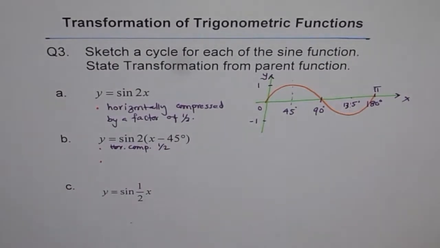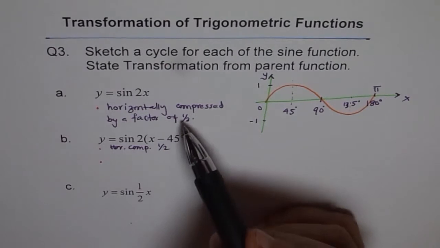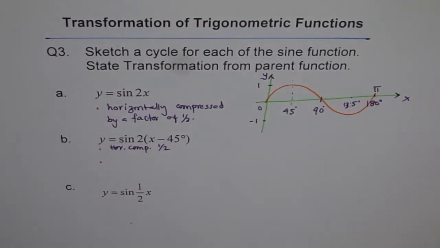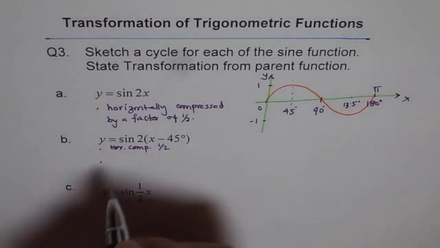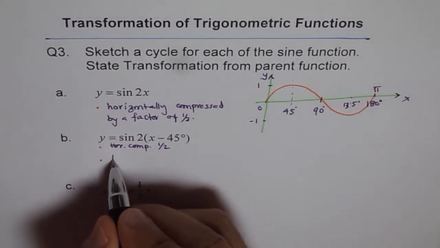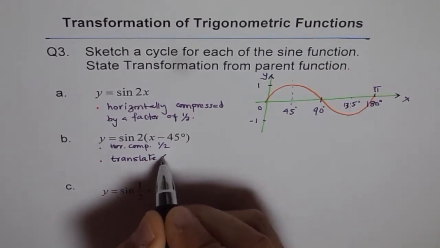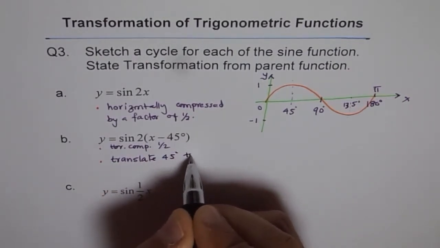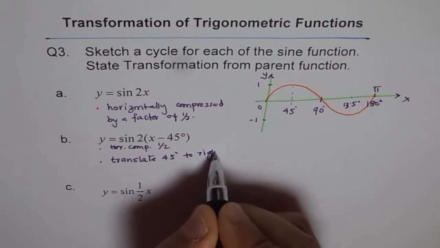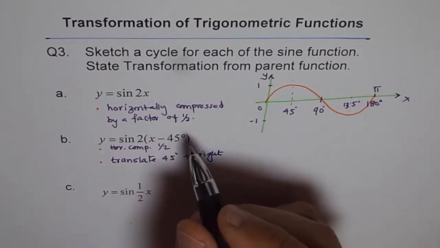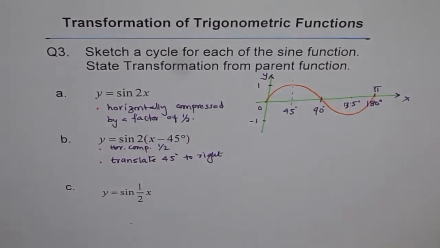And the second is minus 45 degrees, which means translated 45 degrees to the right.